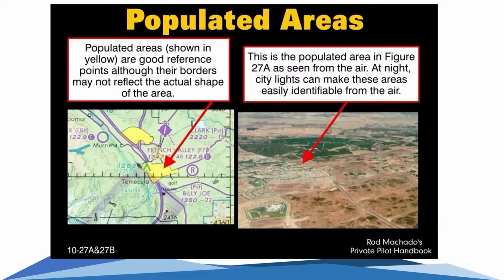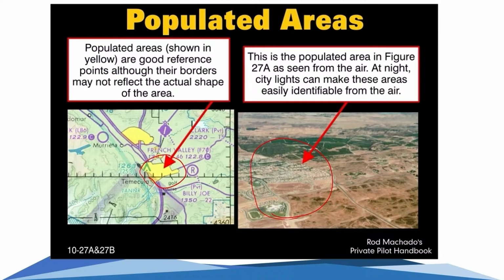All of the population centers, major areas where people live, basically your urban areas, are going to be listed as well. So during the day, this is supposed to be representational. I think this is French Valley over here. And then we can clearly see the French Valley Temecula area right there. The reason why it's yellow is that it's basically indicating the rough boundary of where those urban areas are.